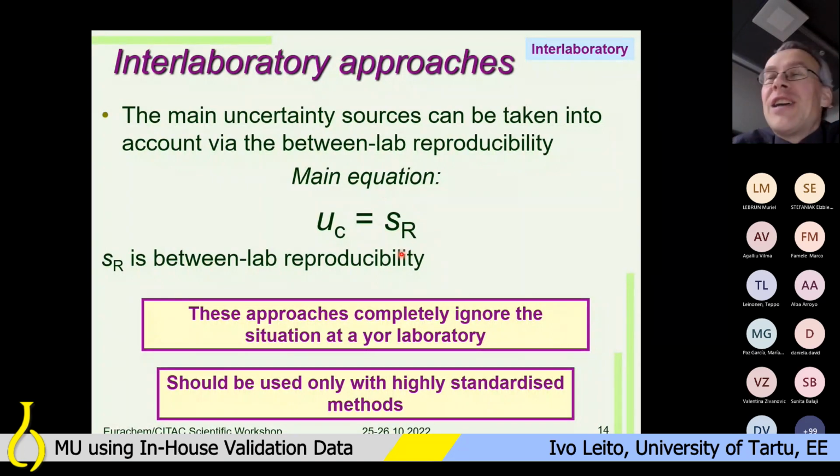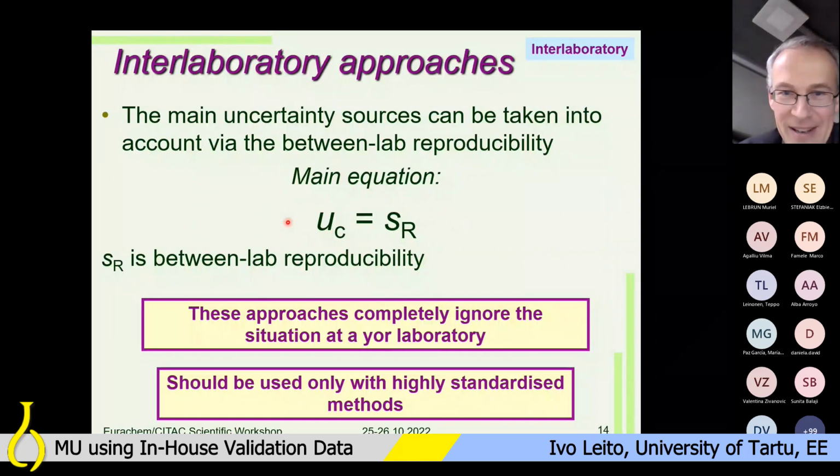One of them was such that all the labs used exactly the same method. The other one was that every lab was allowed to use whichever method they liked. Obviously, this brings in a difference. In the first case, probably the s_R is smaller than in the second case. So the s_R is the between-lab reproducibility.